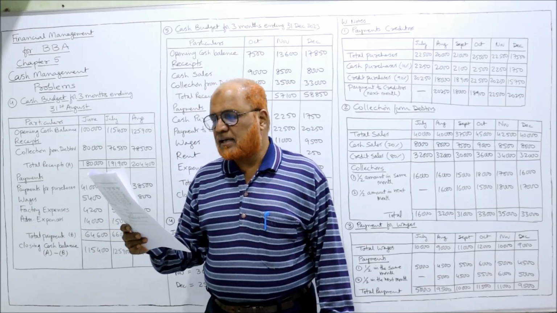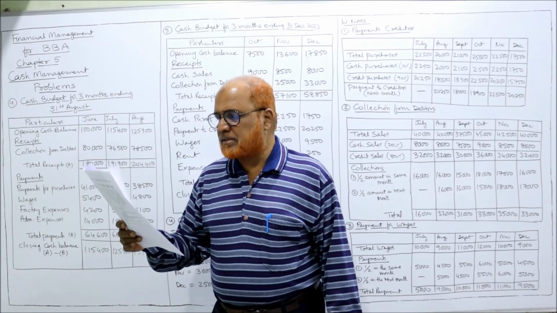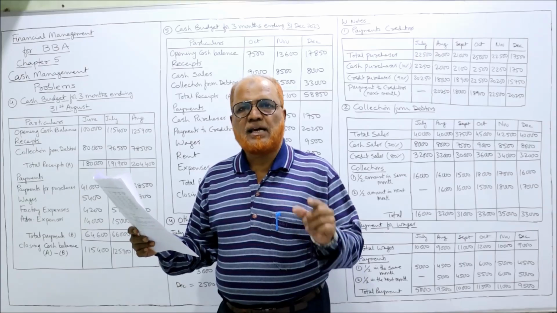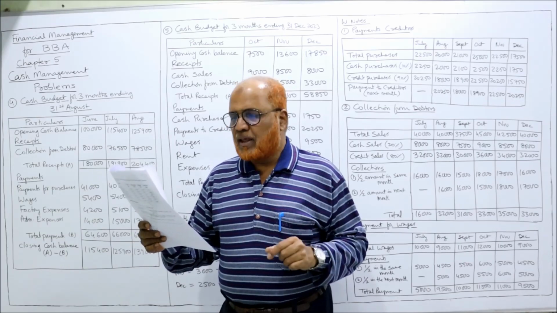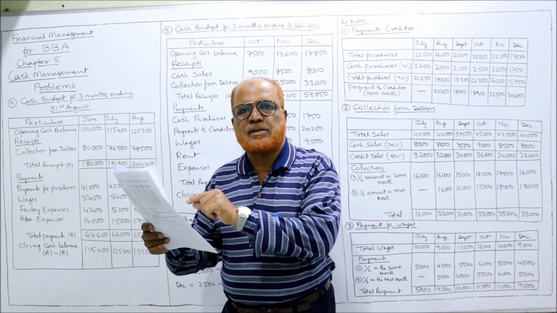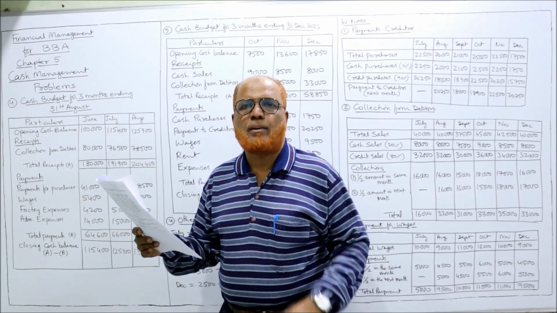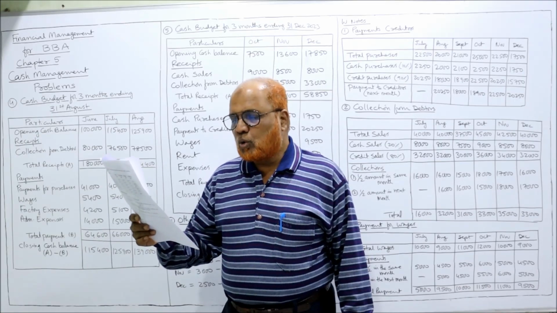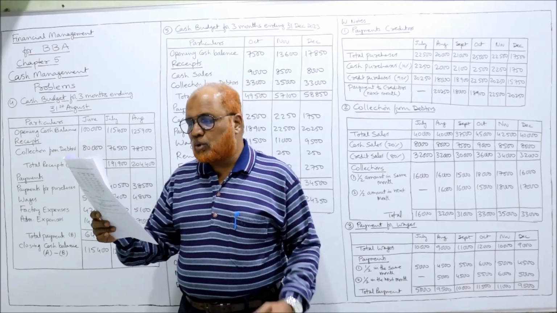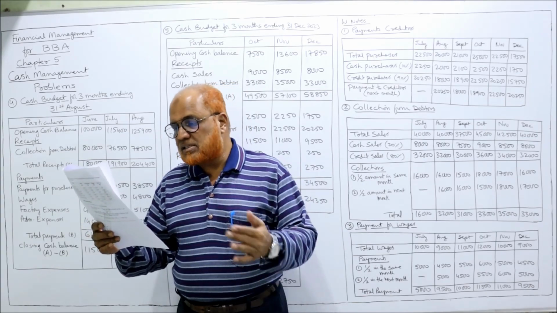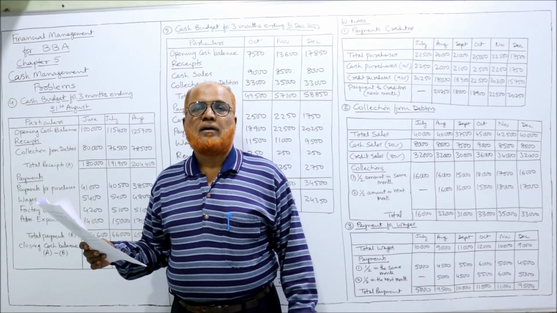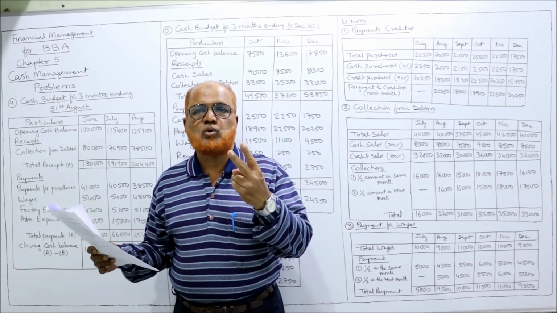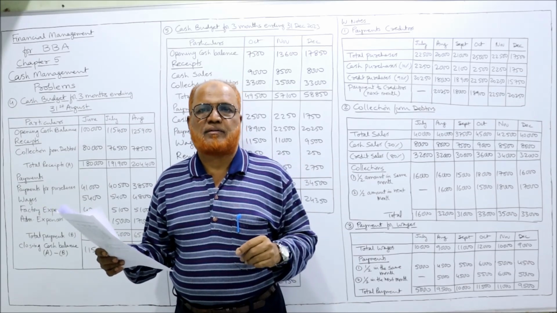Then sales, purchase, wages, factory expense, administrative expense. Sales will come under receipts and purchases, wages, factory expense, administration expense, these will come under payments. Now 2 months credit period is allowed to customers and received from suppliers. That means we are allowing 2 months to our customers.